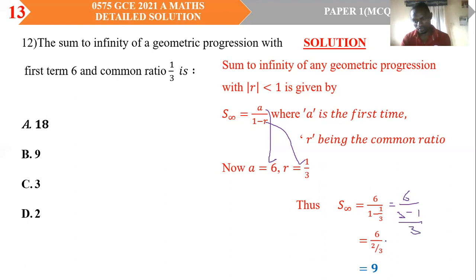And this gives 6 over 2/3. And 6 over 2/3 is the same as 6 times 3 over 2.